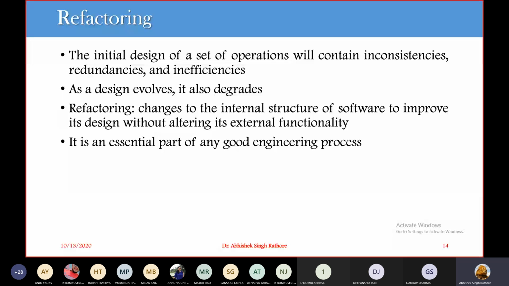So we must revisit our design, and we must rework all the classes and all the operations so that they cleanly satisfy their usage, their functionalities, and the basic concepts for defining those classes.